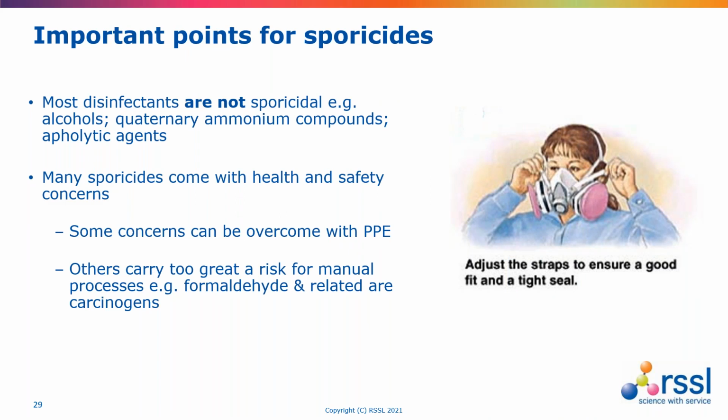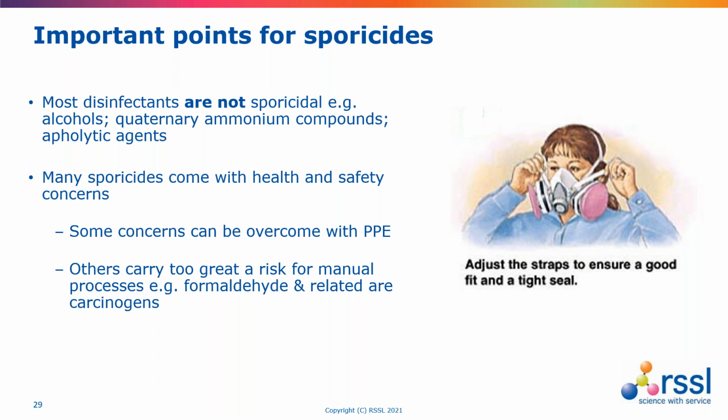But when approaching the selection of a sporicide, it's important to recognise that the vast majority of disinfectants on the market are not sporicidal. So alcohols, quats, amphoterics, biguanides, all these are not sporicidal. And as was said earlier, many sporicides are relatively unpleasant and come with health and safety concerns.